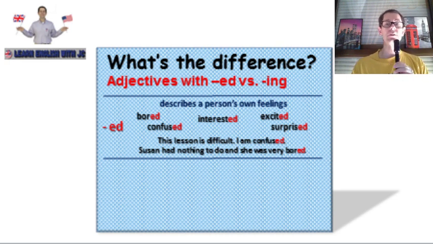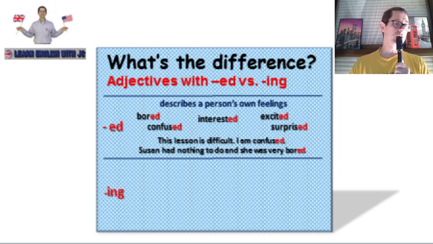Another example is Susan had nothing to do and she was very bored. Bored is the adjective ending in ed describing the feelings that Susan has. So that is in terms of ed.